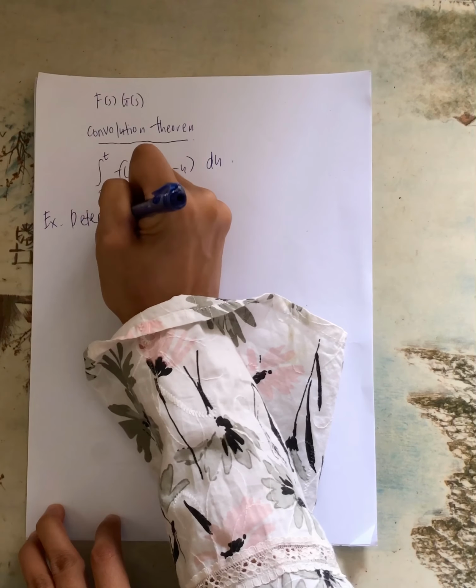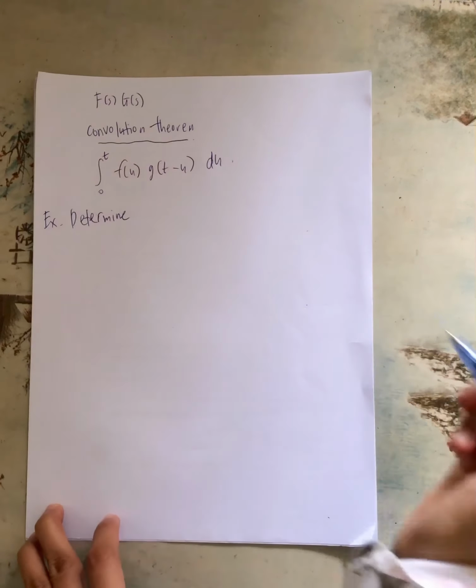Determine the inverse Laplace transform for 1 over s(s squared plus 9) by using convolution.